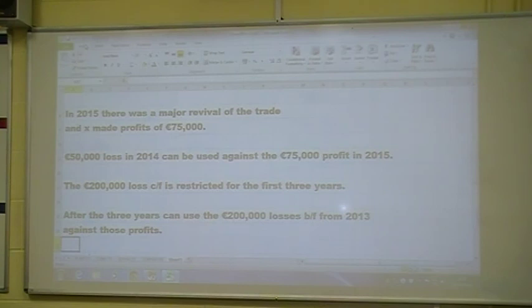And it's not on a value basis, just for those excess case 5 capital allowances. It's on a euro for euro basis, not a value basis.